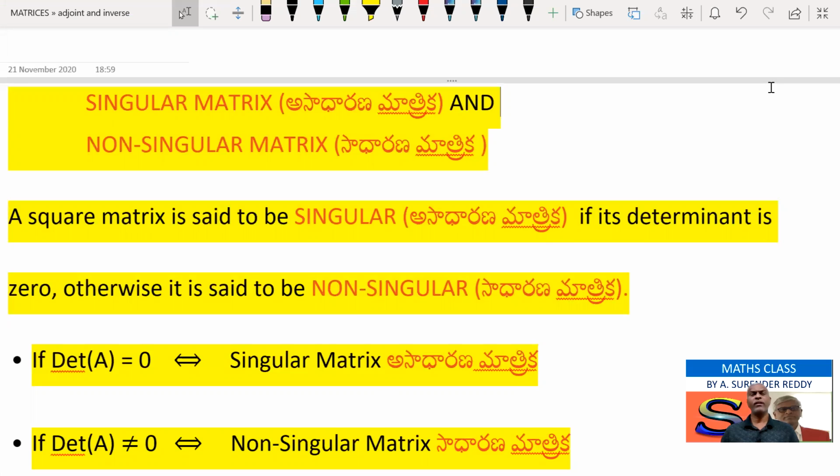A square matrix is said to be a singular matrix if its determinant is 0. Otherwise, it is said to be a non-singular matrix.